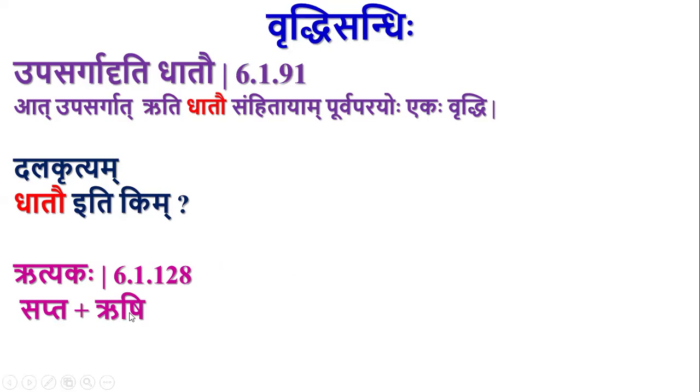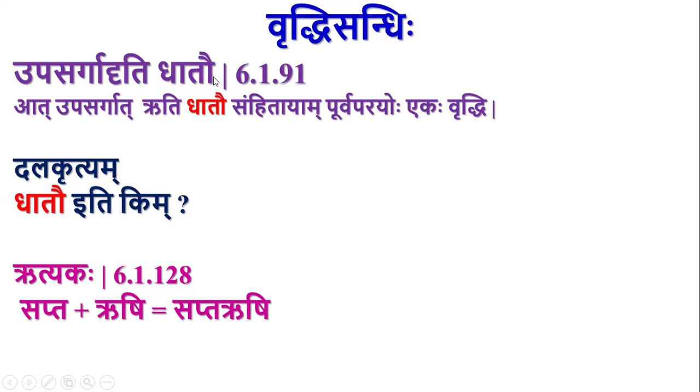Sapta plus rushi is equal to saptarushi instead of saptarshi. Even saptarshi is also a valid form by ad gunah, but saptarushi is by this sutra. It is an optional form. And so there will be two forms, one by rutyakah and the other by ad gunah.